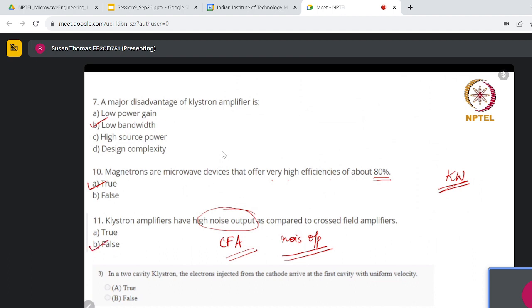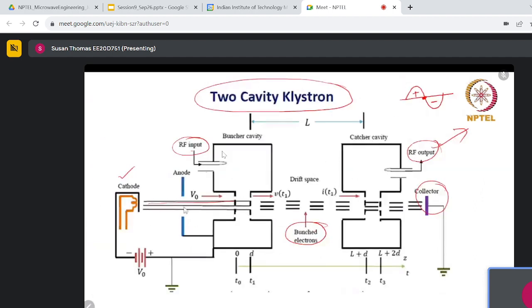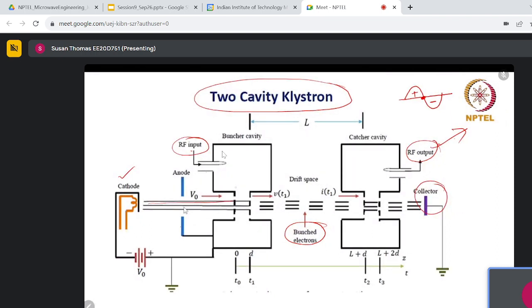So now the next question is a very simple question. Please do answer. In a two-cavity klystron, the electrons injected from the cathode arrive at the first cavity with uniform velocity. That's a true statement. As you know, in a two-cavity klystron, when it reaches the first cavity, every electron has the same velocity.